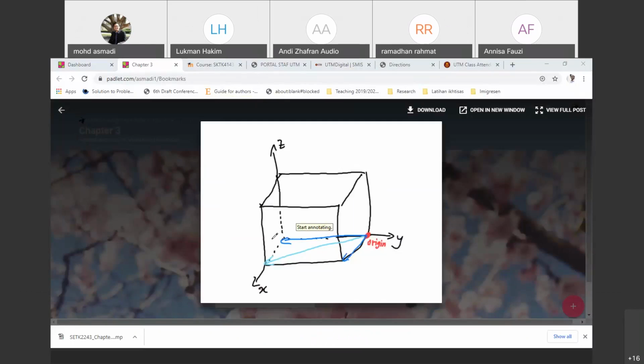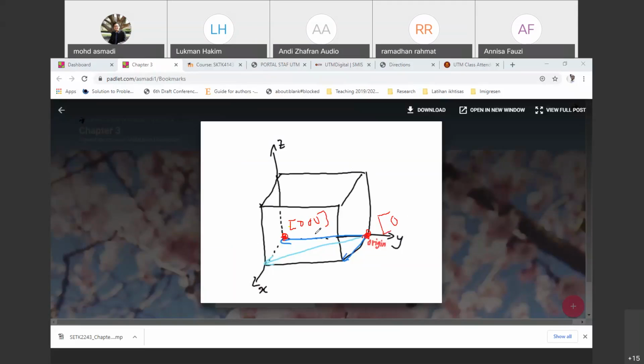Okay. Since this one is zero, the origin is 0, 0, 0. Okay, so you define this one is the origin, and you define a new origin. So please do not forget to put the number or the directions.